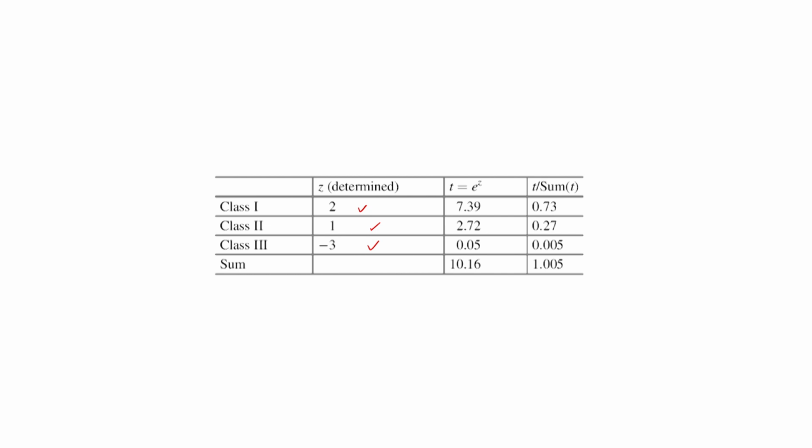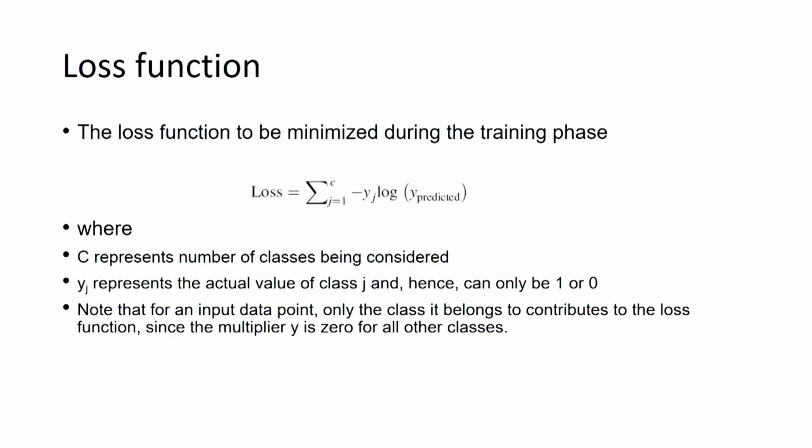Suppose the scores are calculated, and then we calculate e to the power of the score for all the classes and take the sum of these. Then e to the power of the score of class 1 upon that sum, e to the power of the score of class 2 upon the total sum, and so on. This gives you the probabilities of belonging to different classes. Whichever is the highest, we will assign that class.